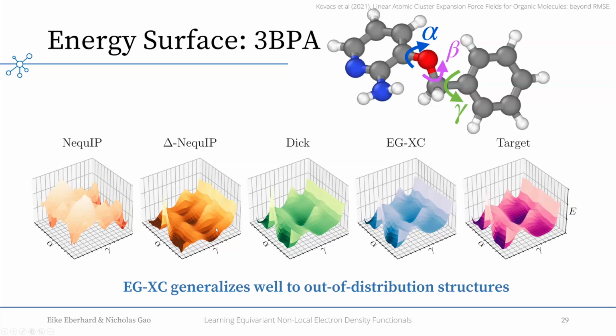This would mean that if you were to run a simulation at a low temperature, you would get molecules that cluster in these local minima, some here and some here. Then if you go to, for example, Dick, this local model by Sebastian Dick, you already see something qualitatively similar to the target.